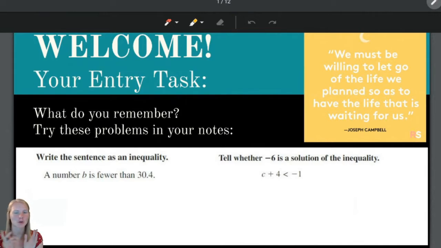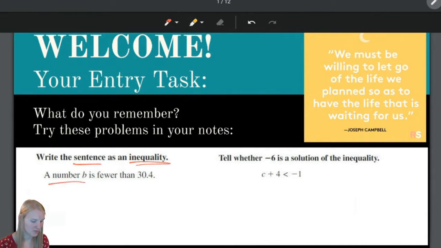So, same as usual, pause the video, try these problems in your notes, and unpause to do them with me. Write the sentence as an inequality. Convert this from English words into math speak.